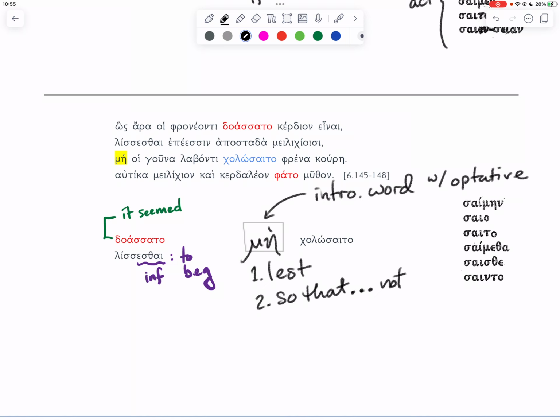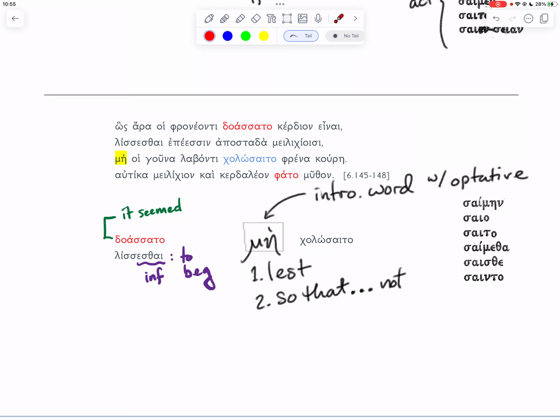If we do both possibilities, this is what it would sound like. It seemed to be better, kerdion, to entreat her with honey sweet words as she was standing at a distance, lest she become angry. Or you could do it this way.